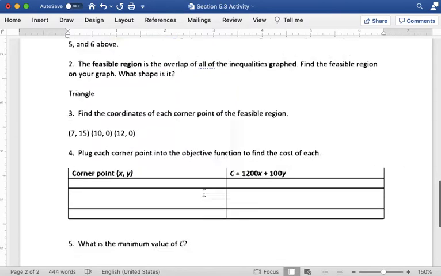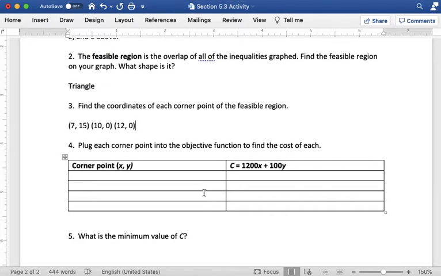And step 4 is to plug each corner point into the objective function to find the cost of each. So here is my objective function that we wrote in the last video. Remember that x is number of buses and y is number of vans. So my cost is $1,200 per bus and $100 per van.